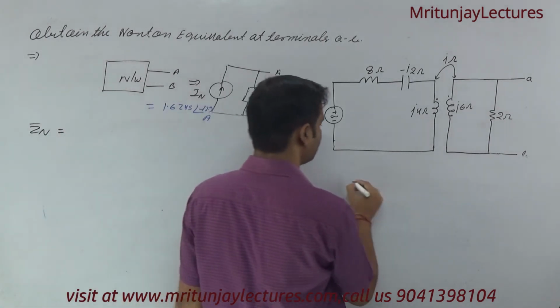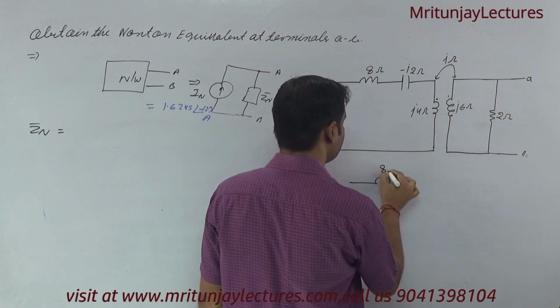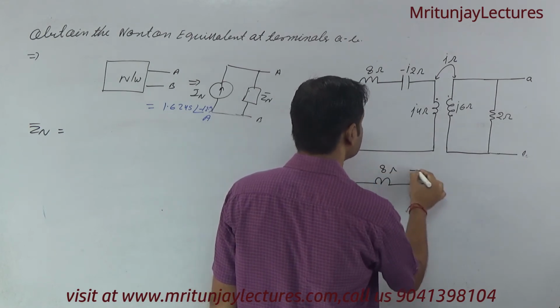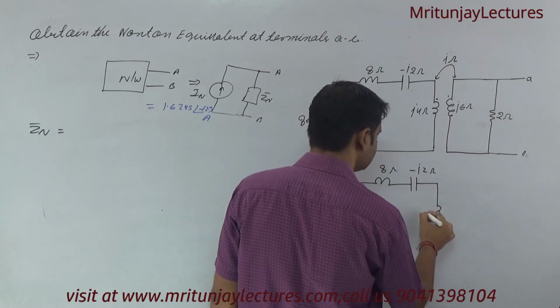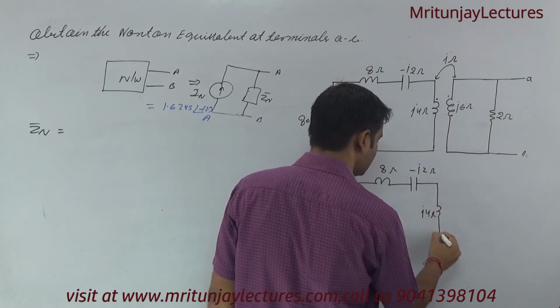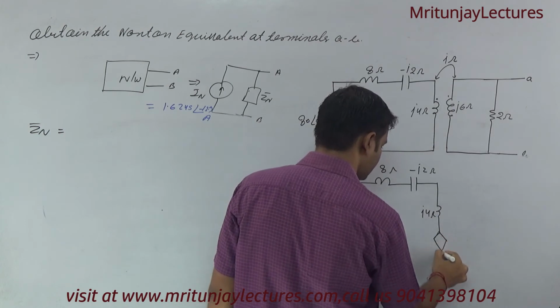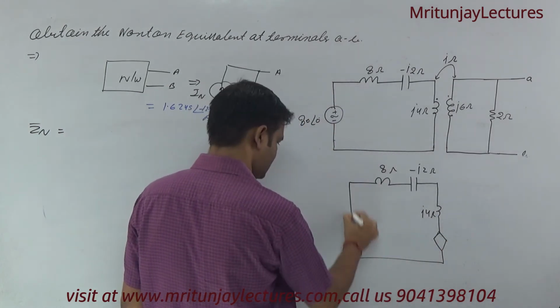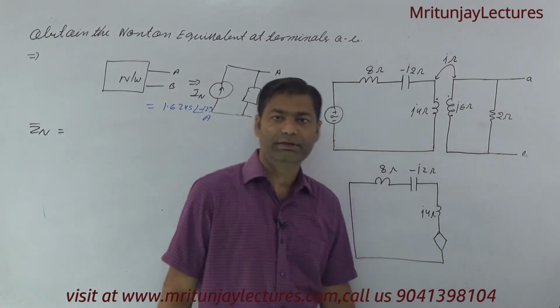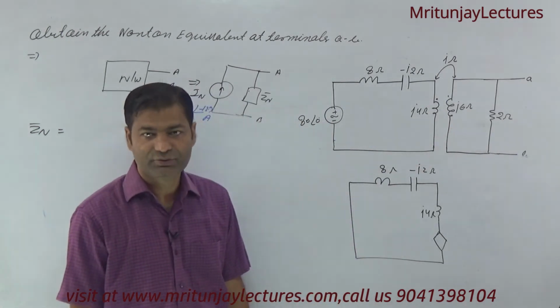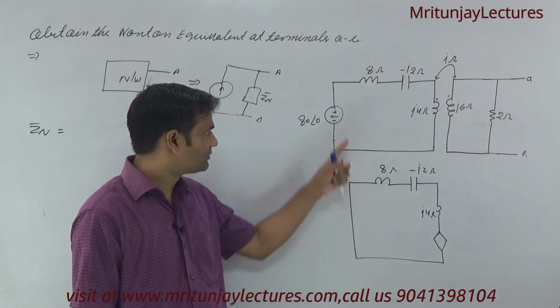First of all make the circuit again, that is 8 ohm minus J2 ohm, and J4 ohm. Again this is dot polarity, which means dependent sources are also available. So this one is removed.